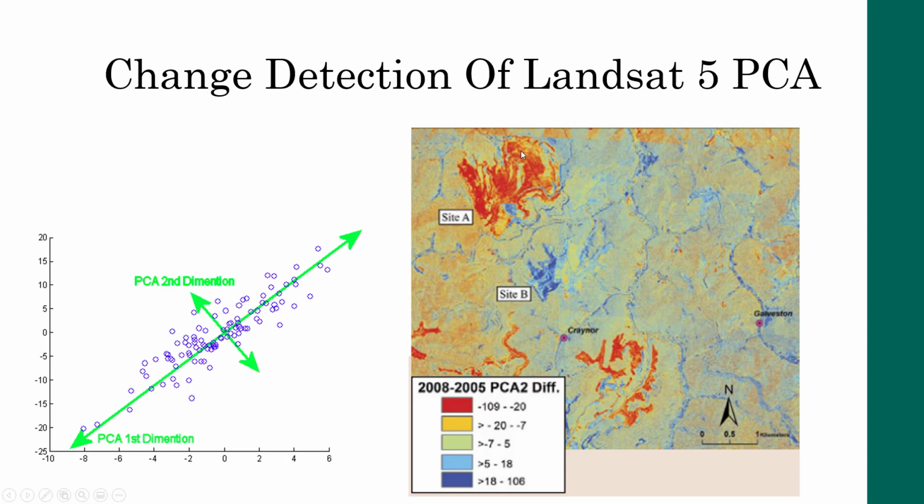You can see that site A is very highly delineated here, and then areas of blue tend to indicate areas where we've actually gained vegetation, and you can see that site B here is highlighted there as well. So using this idea of PCA, you are able to delineate both vegetation loss and vegetation gain.